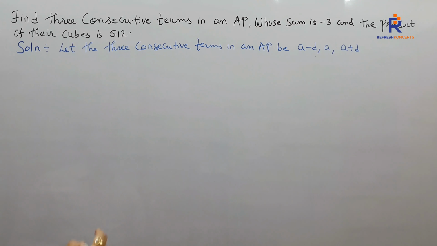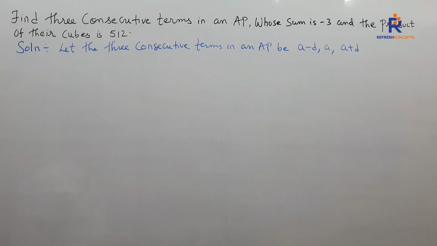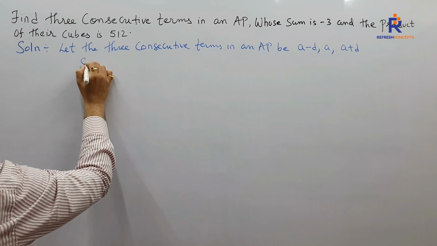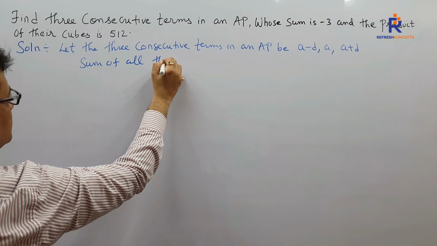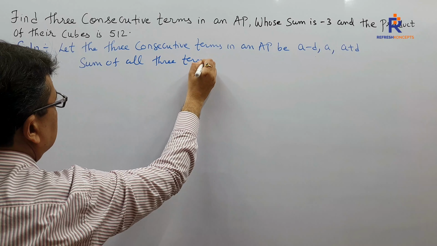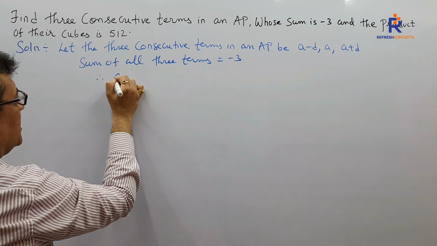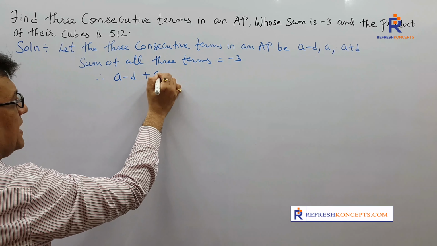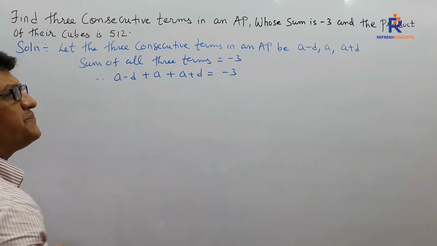We take the first condition. Sum of whose is minus 3. That means sum of all the three. Sum of all three terms is minus 3. Therefore, it is A minus D plus A plus D is minus 3.